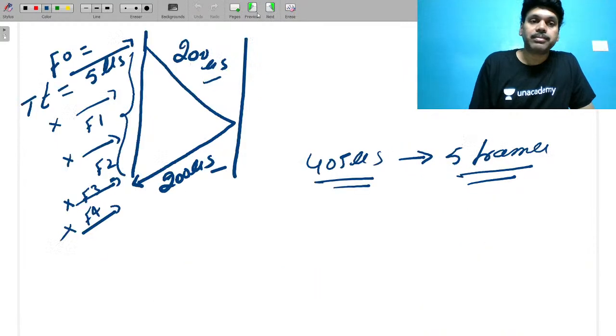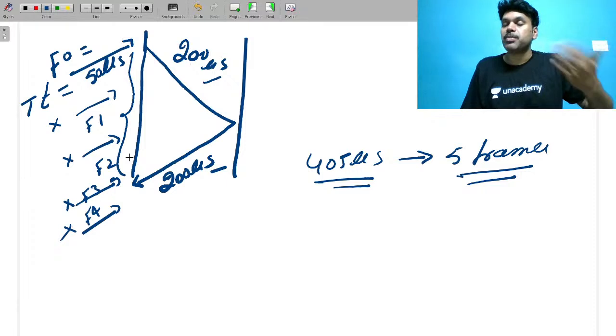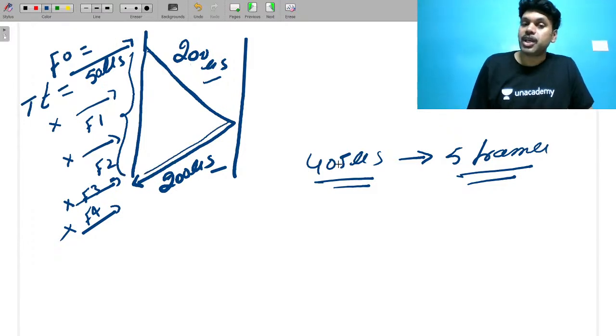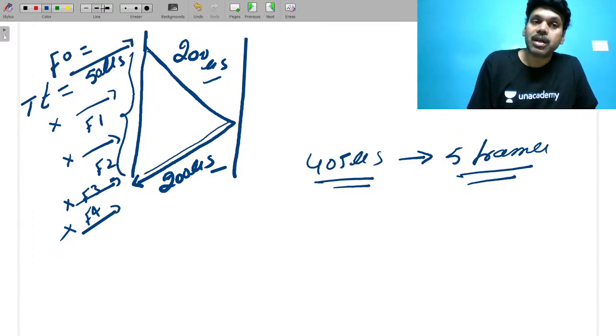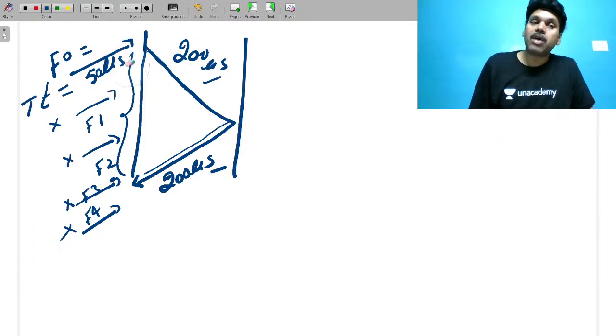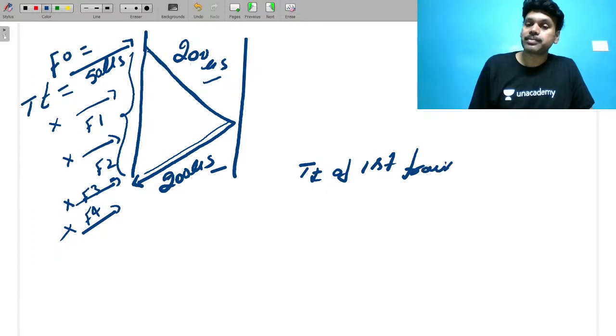So what is the idea? First frame transmission is 50 and the next frames are transmitted in the duration of your 2 into TP time. Therefore, your total time is TT of the first transmission plus 2 into TP.